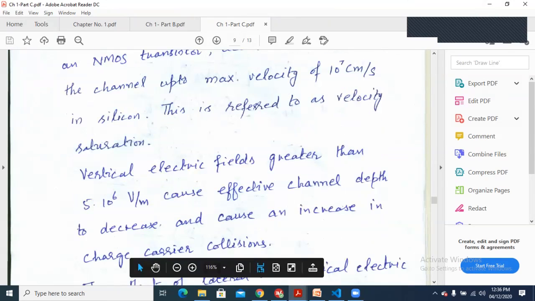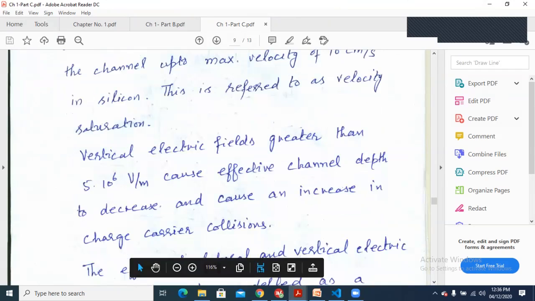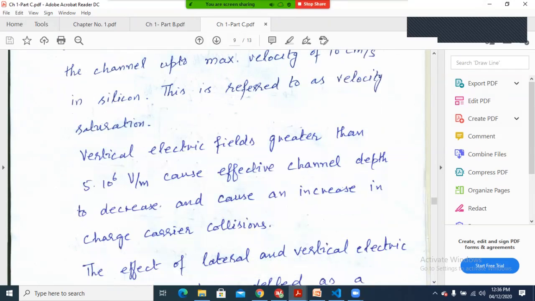Vertical electric fields, in fact, will cause a decrease in the effective channel length and will cause charge carrier collisions. That value is 5 into 10 to the power 6 volt per meter.